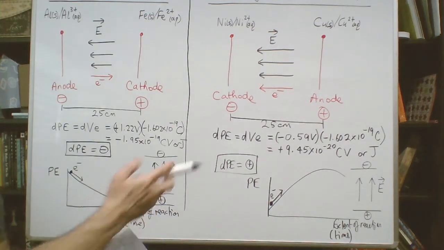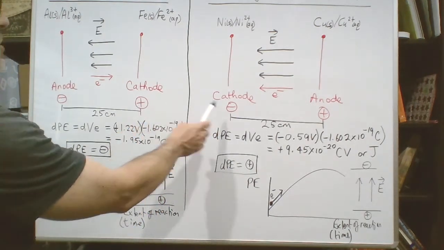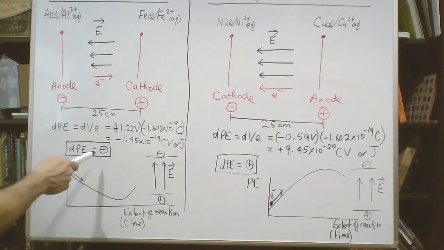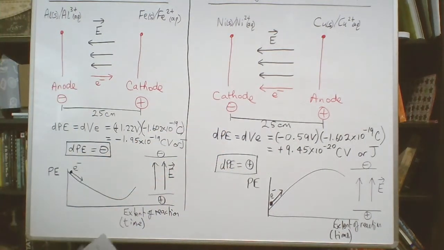So we've got a reversal of the signage of the electrodes, a reversal in the direction of the electron, and a change in the sign of the potential energy from negative for a voltaic cell to positive in an electrolytic cell.